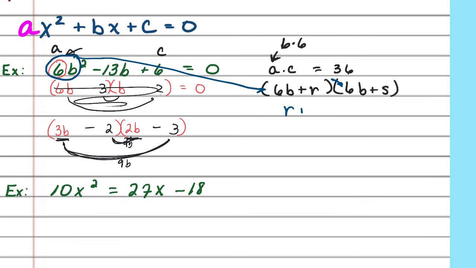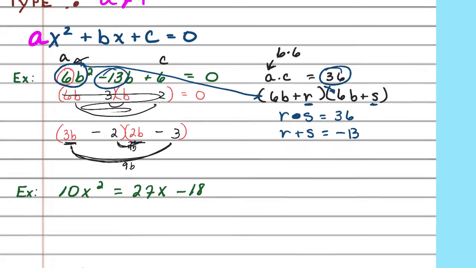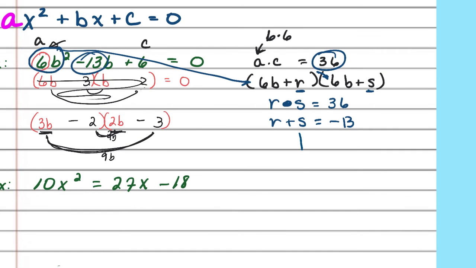Now our r plus s, instead of adding up to c, our r plus s now add up to ac. Sorry, that should be r times s. Remember, these last pair, the product will give us 36. And r plus s has to equal our b again. Still this negative 13. So now I'm going to just find all the r's and s that multiply to 36.